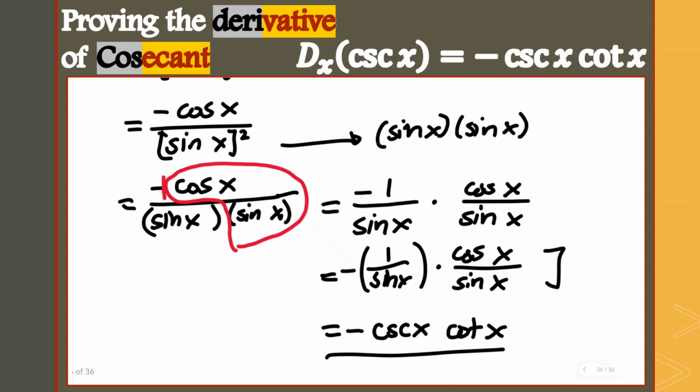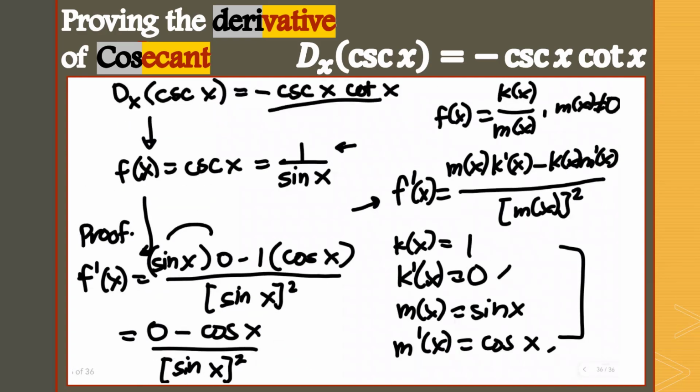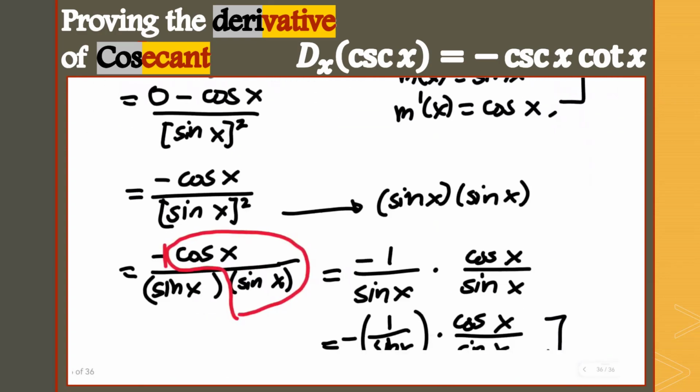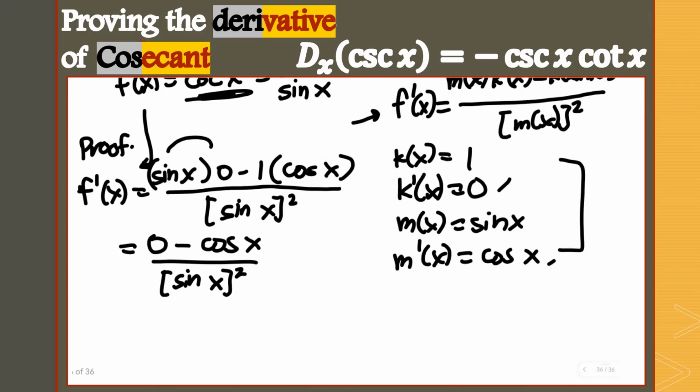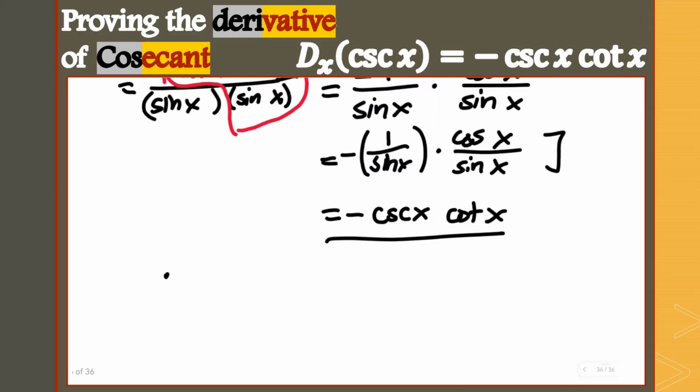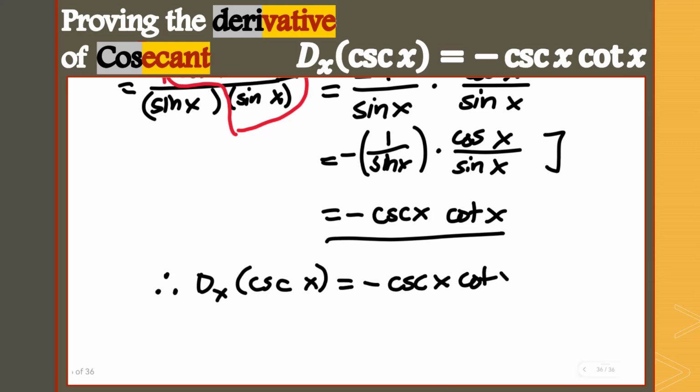And what is this? That was our intended goal earlier. Hence, we have proven already that from cosecant x, our first derivative, for cosecant x, will result to negative cosecant x times cotangent x.